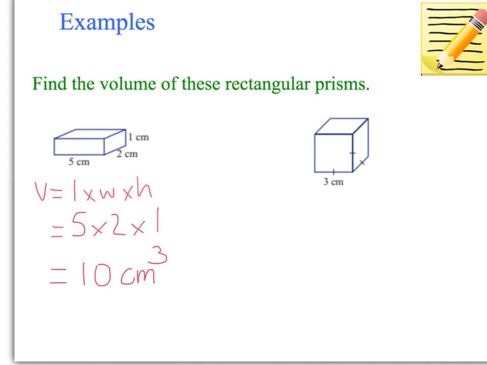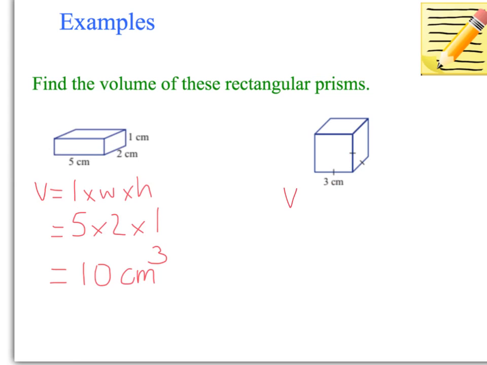Alright, this next one, it's only got one measurement. Why would that be? It's because it's a cube, so all sides are equal. You can tell that by the single line drawn on there. That tells you that all those sides are the same length. So the length and the width and the height are all 3 centimeters.